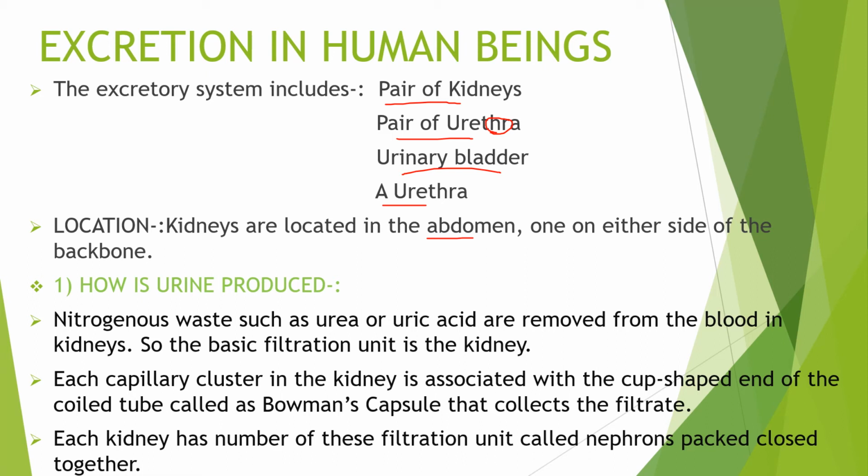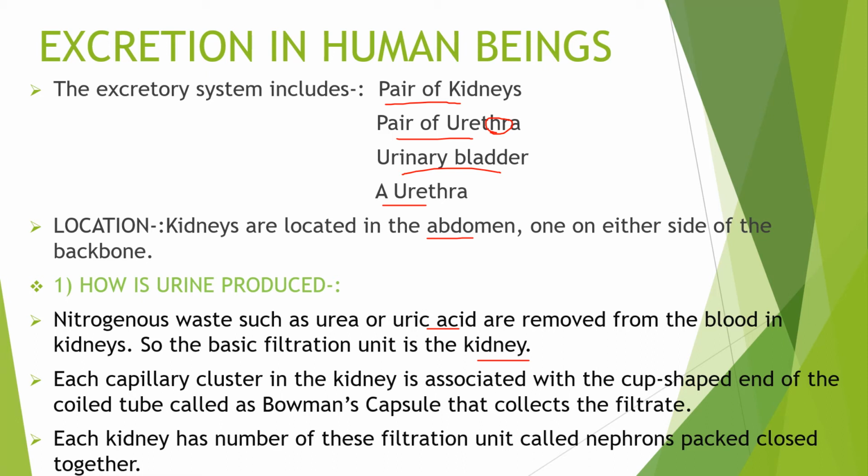The basic filtration unit is the kidney. Nitrogenous waste such as urea or uric acid is removed from the blood in the kidneys.